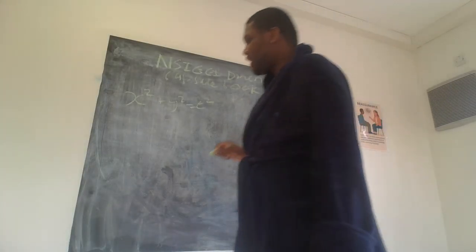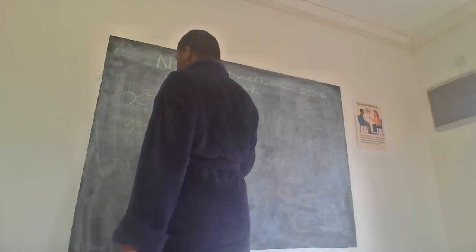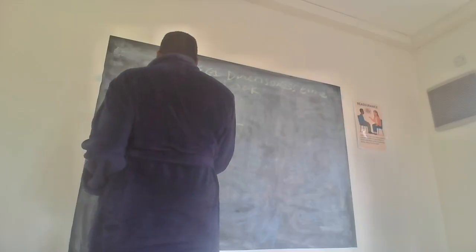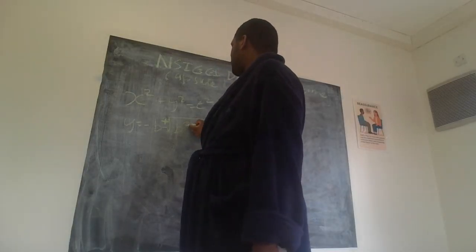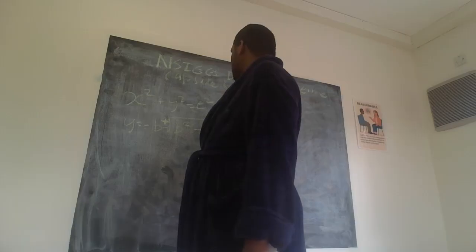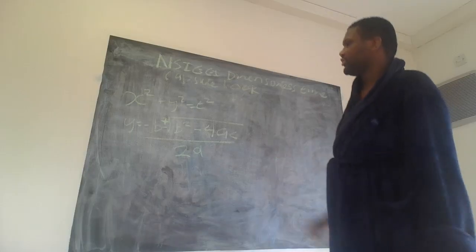We can have the parabola y equals negative b plus or minus the square root of b squared minus 4ac, over 2a. So this is probably the equation of y.